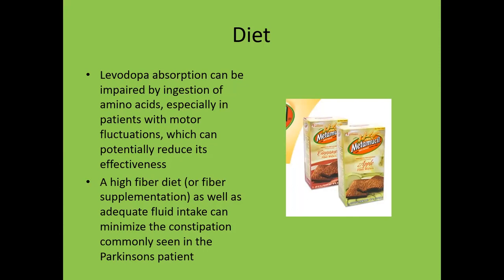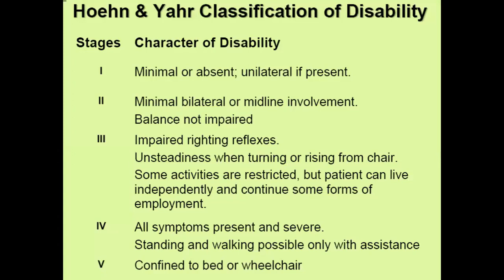There is a research outcome called the Hoehn and Yahr classification disability scale. It consists of 5 categories. The first indicates minimal or absent disability, or unilateral involvement if present, one side only.